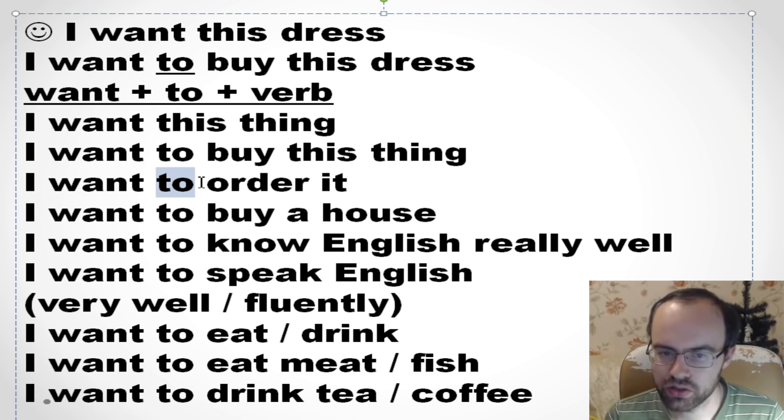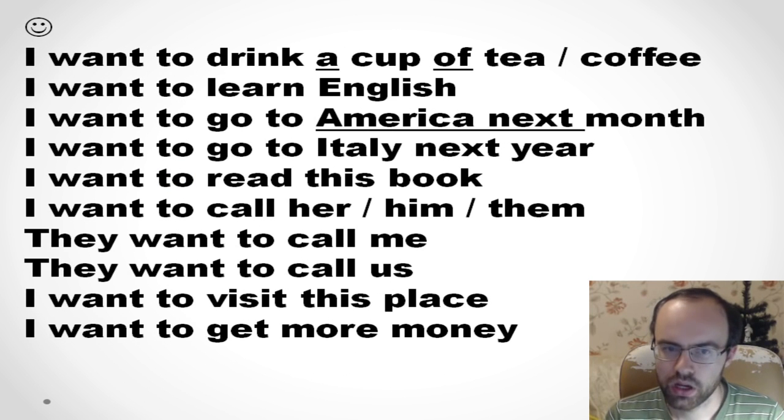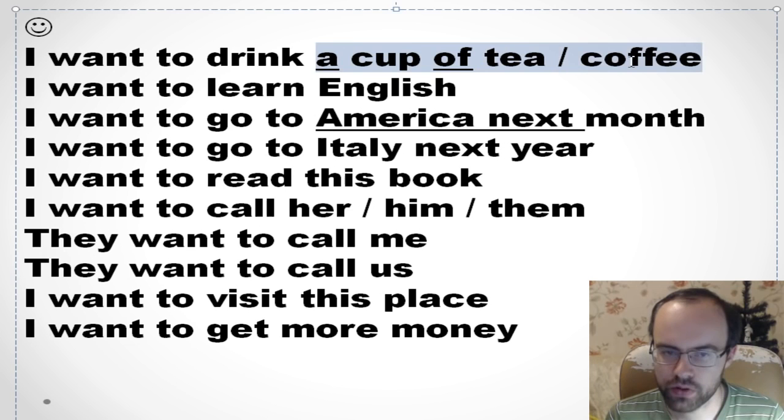I want to eat meat. I want to eat fish. I want to drink tea. I want to drink coffee. I want to drink a cup of tea. We say a cup of tea or a cup of coffee.